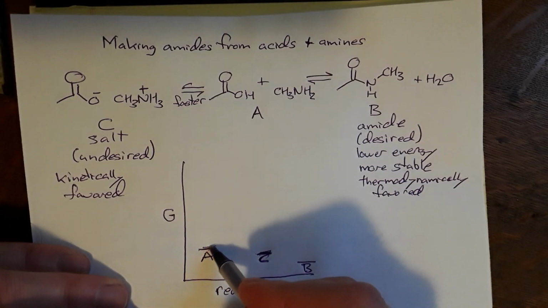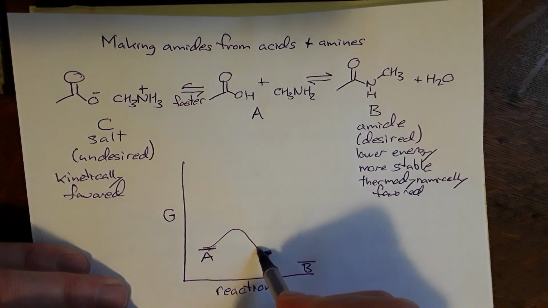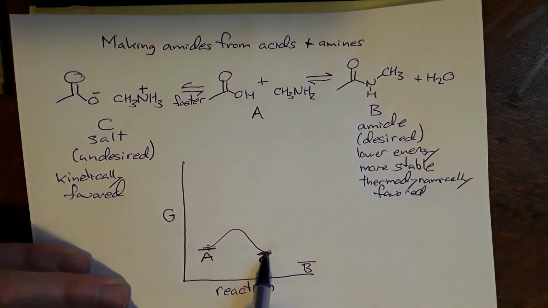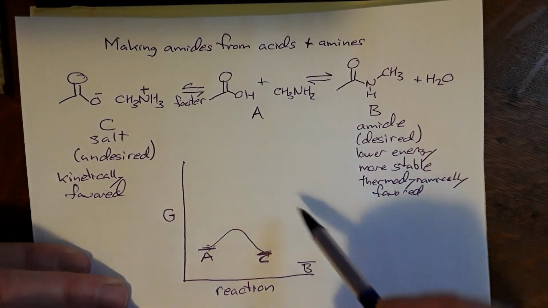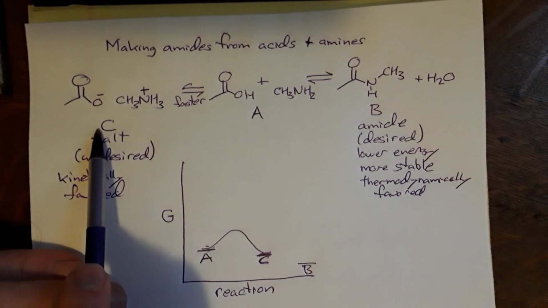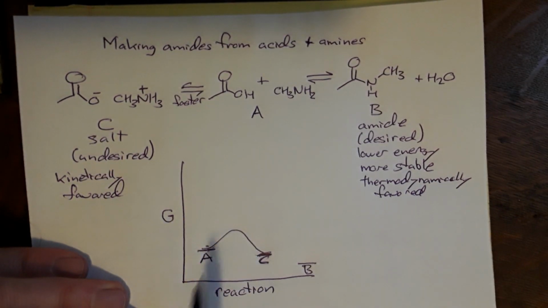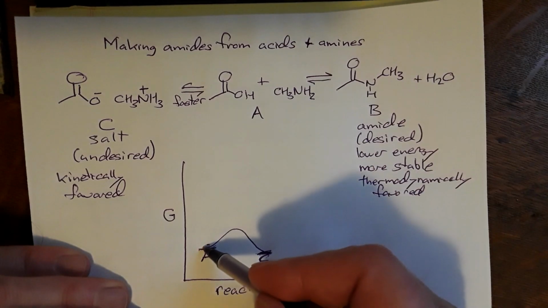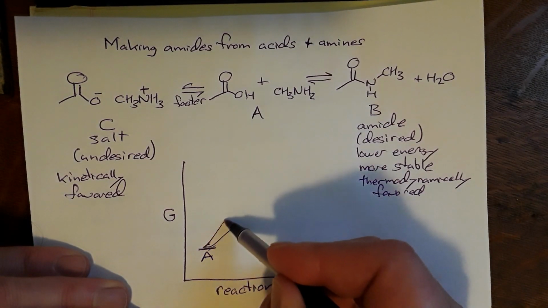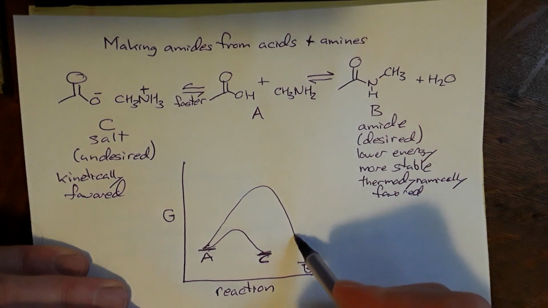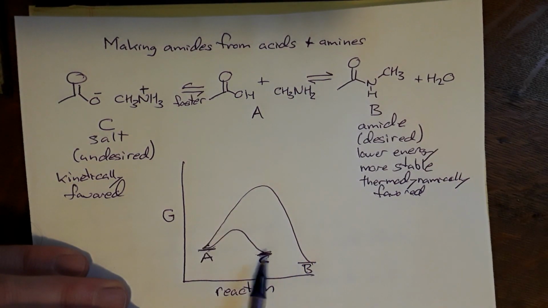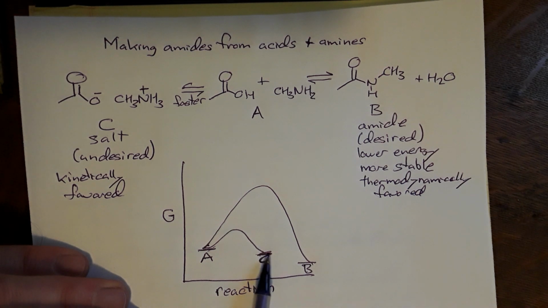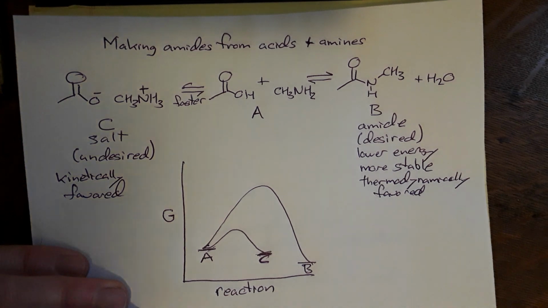So if we say that the first reaction going to form the salt has a small hump, then it takes a greater activation energy to get to B. This is a slower reaction. So this is the product from the fast reaction. This is the product from the slow reaction.